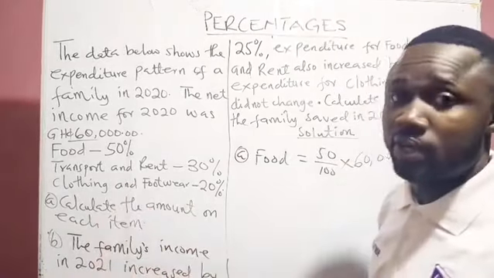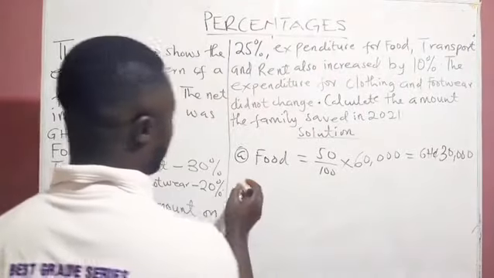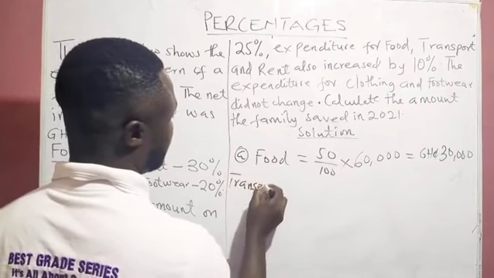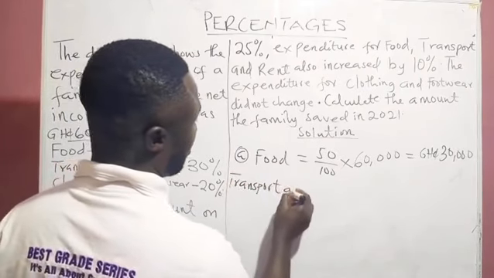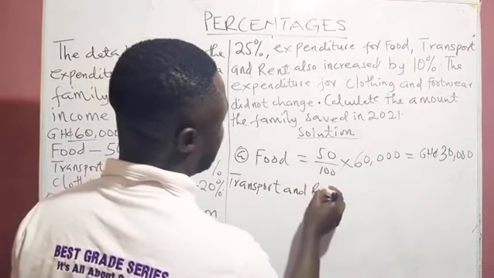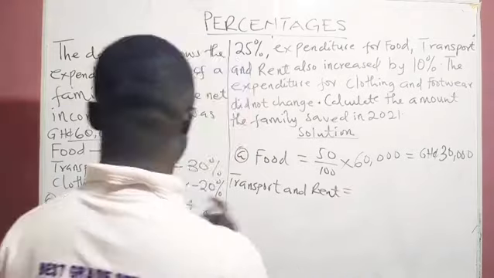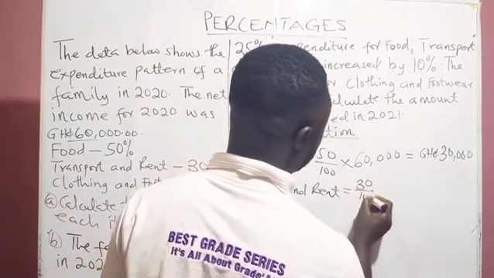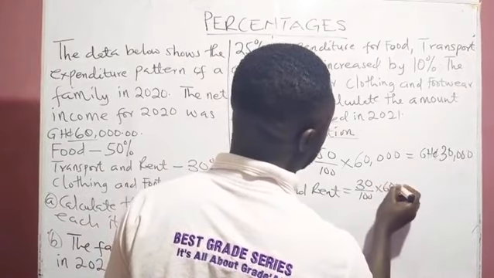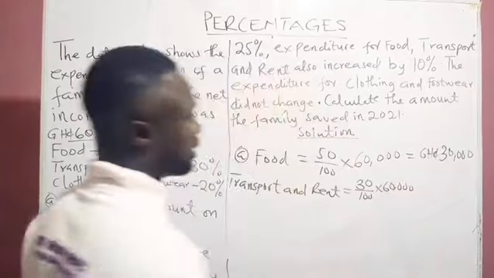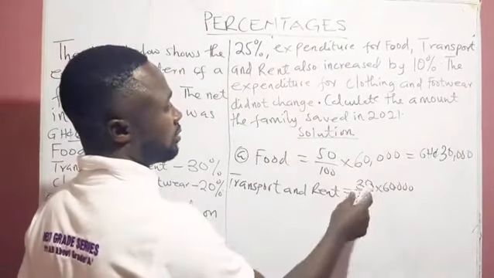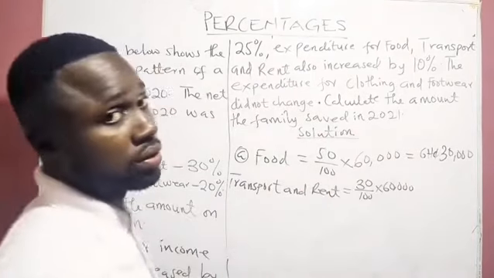Let's come to transport and rent. How many percent? 30. So 30 over 100 times the total income, which is 60,000. As I have already told you, the 60,000 is the total income, that is why it is over 100.